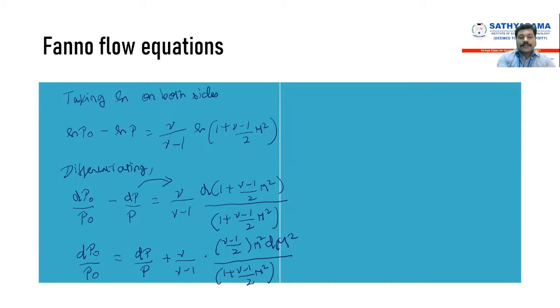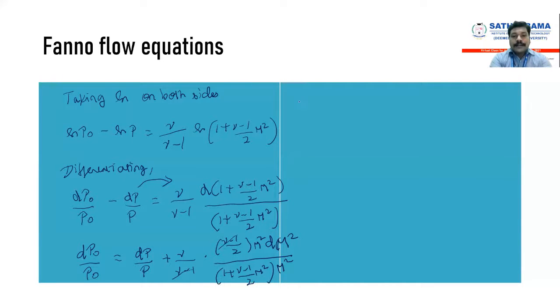Here I multiply by M square by M square to have uniformity, that is dM square by M square, the Mach number variation. Here gamma minus 1, both are constants.